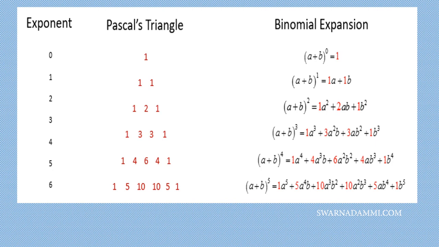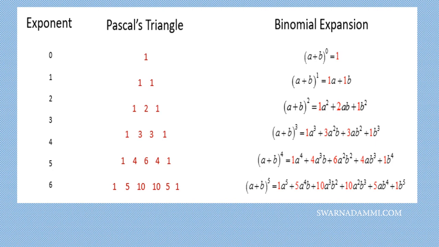Finally, you can see that when the exponent is 5, Pascal's triangle gives us the coefficients 1, 5, 10, 10, 5, 1.